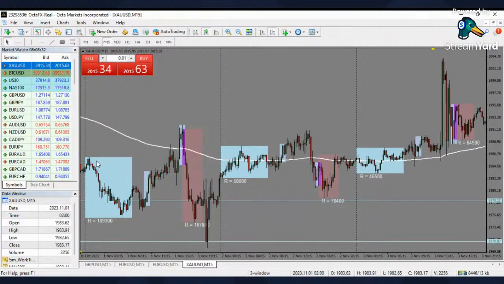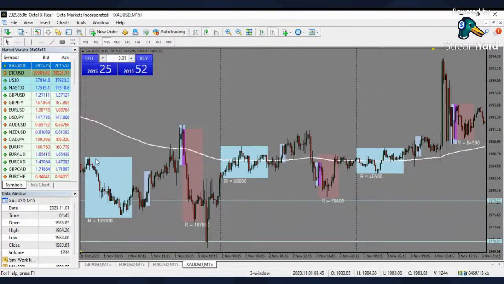Most of these prop firms that I've seen don't do that. OctaFX aligns with the GMT time zone, the Greenwich Meridian Time. So OctaFX aligns very much with that.